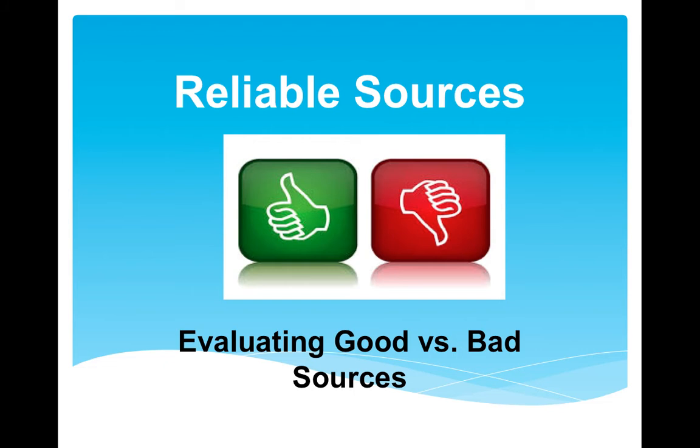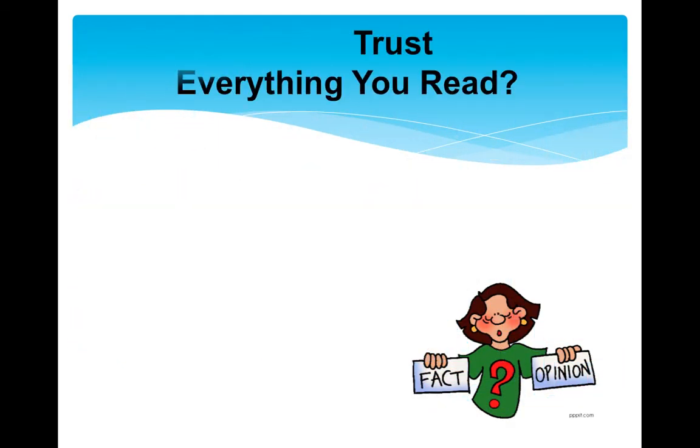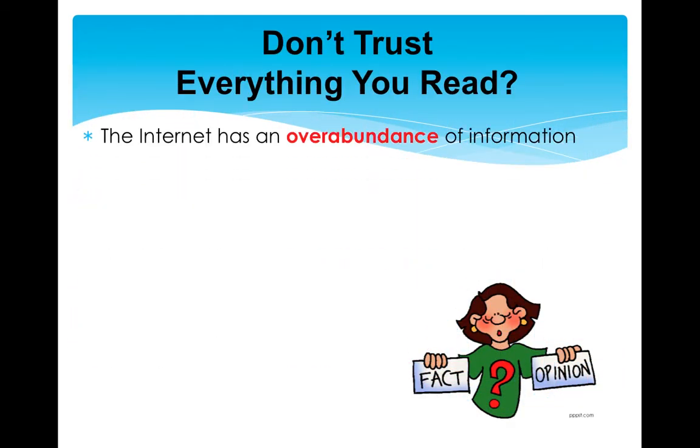Reliable meaning that they're creditable, that they're accurate, that they're true, that they're not lying to us, they're not fake. And there's so much information on the internet, and a lot of it is not good information, and so you can't rely on it. And you don't want to use unreliable sources in your assignments. So we're going to evaluate the good versus the bad sources. So I hit the return key to move between the slides.